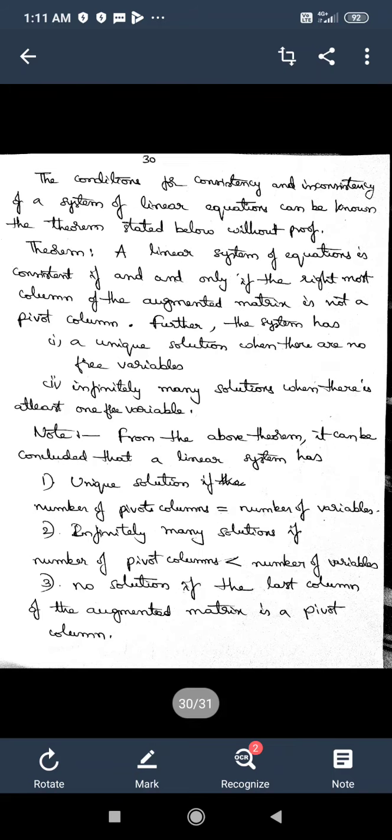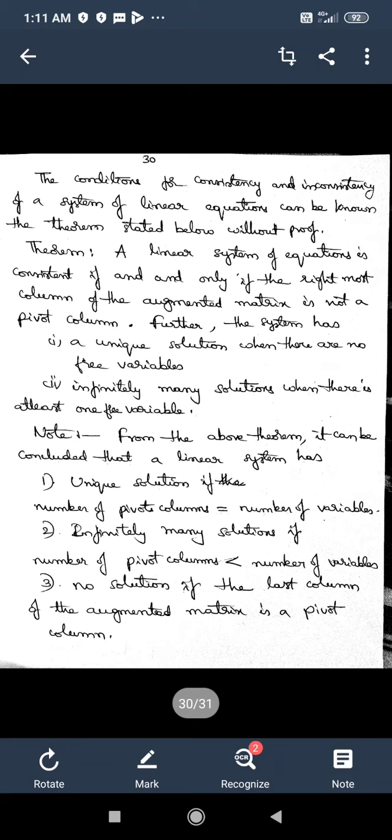The condition for consistency and inconsistency of a system of linear equations can be known by a theorem stated below without proof. We don't need the proof; the statement is enough for us.